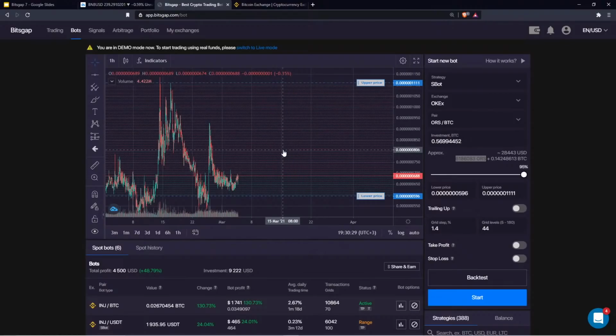So that's always something you have to remember, because if you launch the bot with this configuration where you have 80% of the risk exposure at the start, and if the price falls instead of going higher, then you end up with big losses in this case.